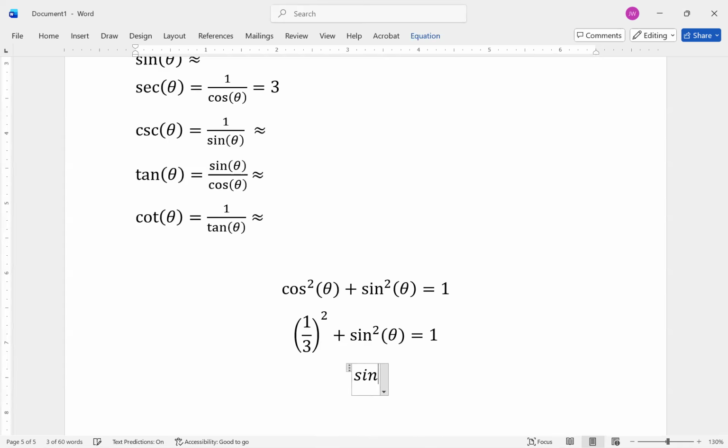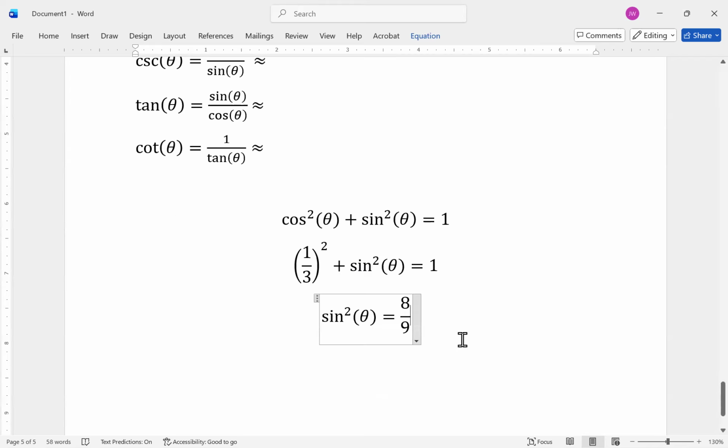So sine squared of theta is equal to 1 minus 1/9, which would be 8/9. And since we're in the first quadrant, we take the positive square root. That means sine of theta is equal to the positive square root of 8 over 9.